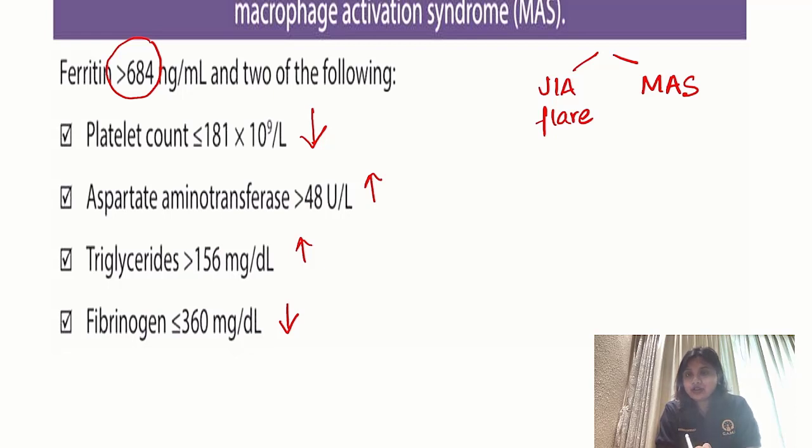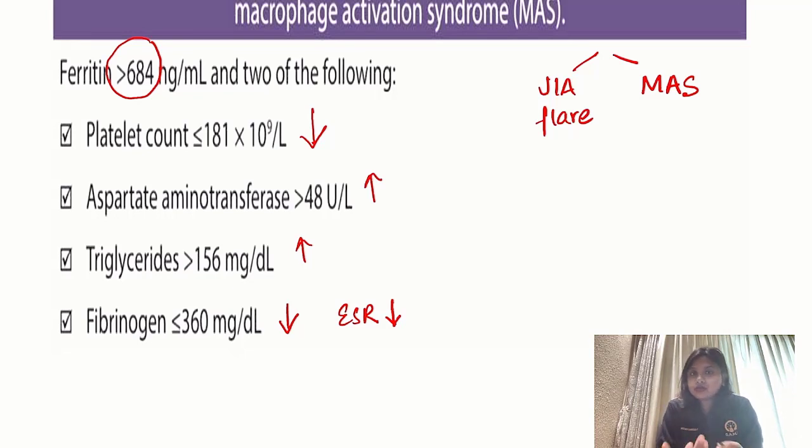And one more thing you can remember, usually in our institutions, sometimes it is not possible to do fibrinogen. So as a surrogate marker of fibrinogen, we always do the ESR. So if fibrinogen is low, the ESR is also low. So if I do an ESR and the ESR is low, we can predict that the fibrinogen will be low, right?